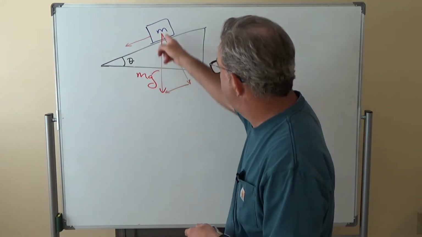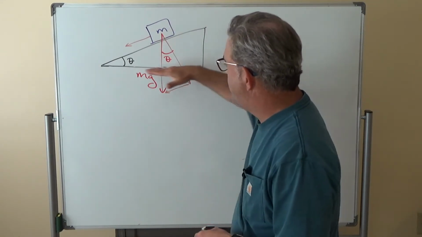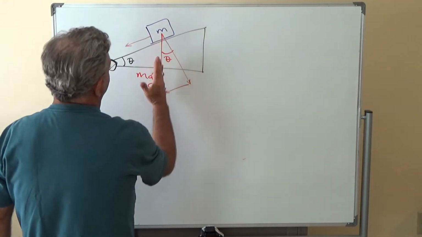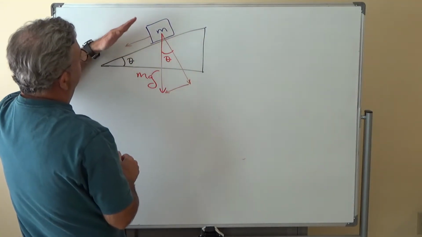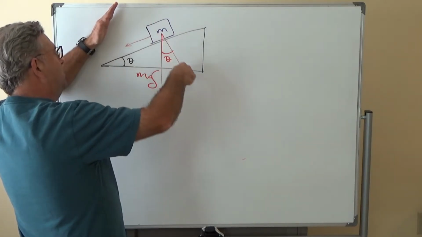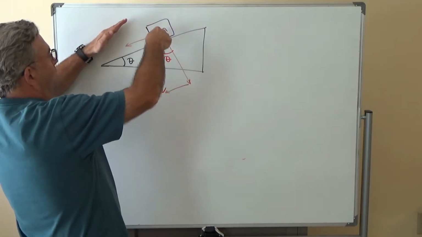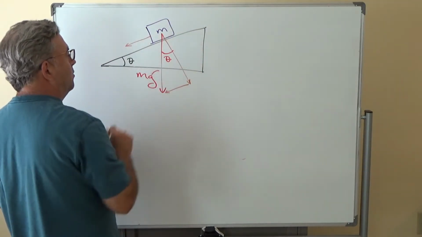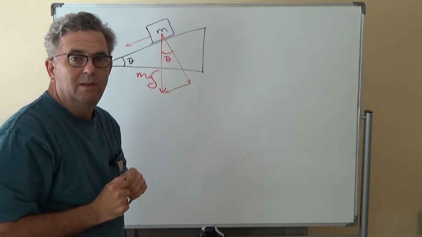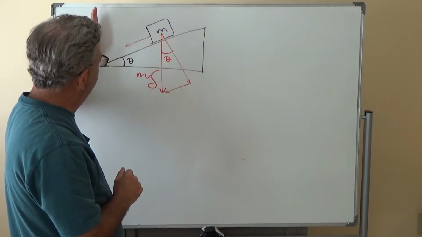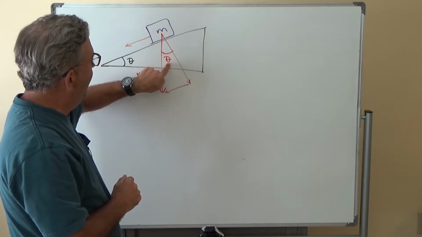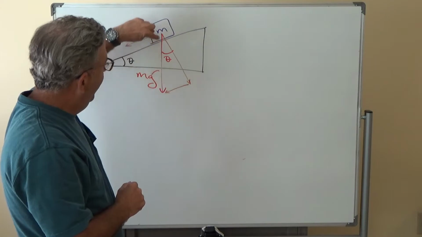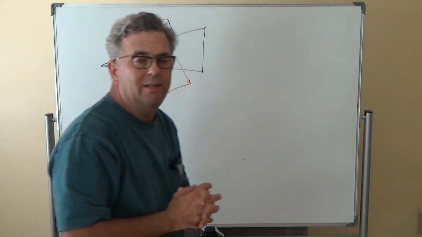That is always perpendicular to this bottom edge. So it's sort of just hanging like this. As I move this up, this component starts getting farther and farther this way, and this angle gets larger and larger. So as this angle gets larger, so does this angle, the angle between that perpendicular component to the plane and the force due to gravity.